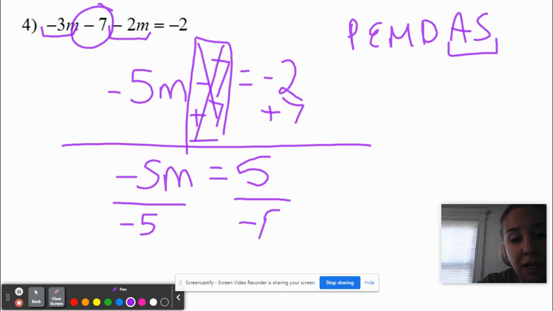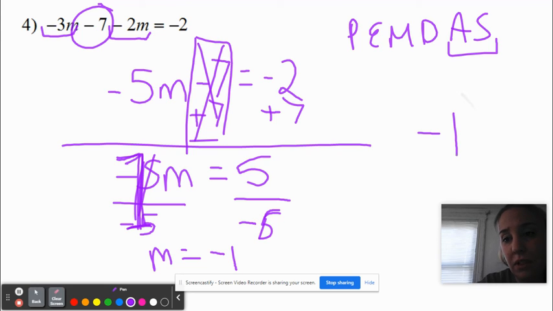And negative divided by negative is positive. 5 divided by 5 is 1. So technically we, quote, canceled it out. So we got m equals, well, that should be a 5. Positive divided by a negative is negative. 5 divided by 5 is 1. So your final answer for question 4 is negative 1.